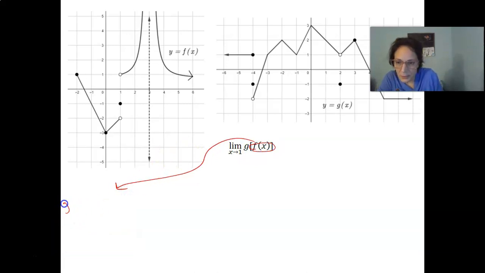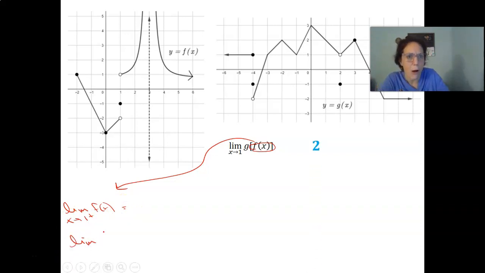I'm going to do the limit of f of x as I approach 1 from the positive side and see what I get. And I'm going to do the limit as x approaches 1 from the negative side of f of x.